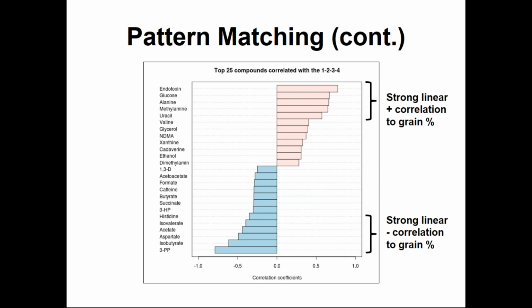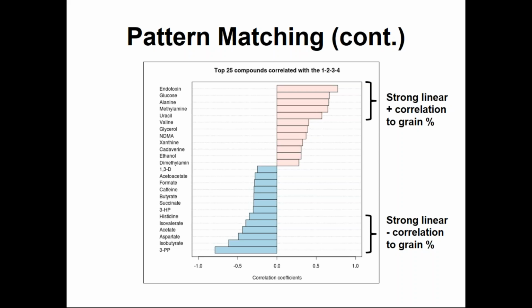Does it go up? So in this case, endotoxin or lipopolysaccharide, glucose, and alanine go up. And the correlation coefficients matching this straight line, or a slope of 1, is around about 0.7, 0.75.